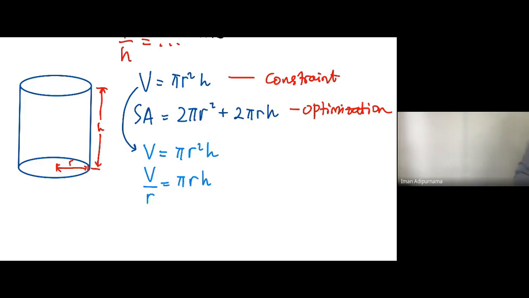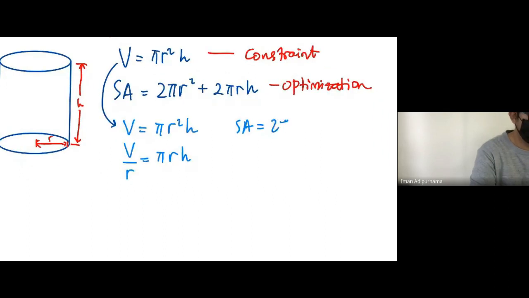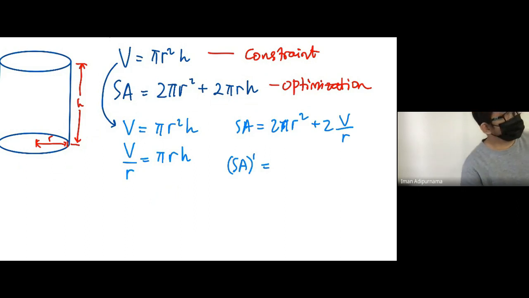Okay, let's check that out. The surface area will be 2 pi R squared plus 2V over R. We check the first derivative, making everything a variable of R, because V is a constant, so we treat it as a constant.